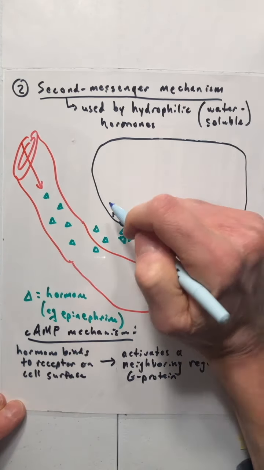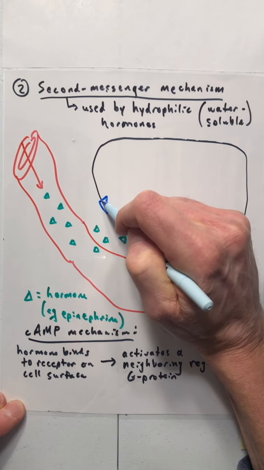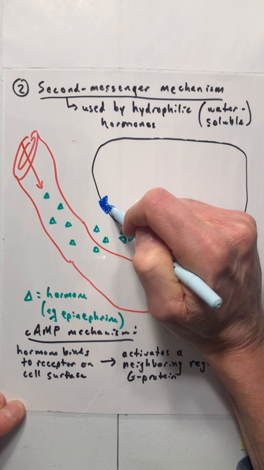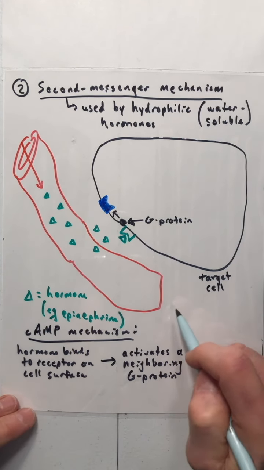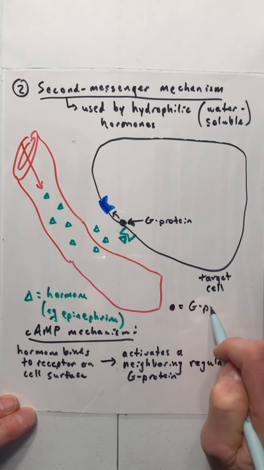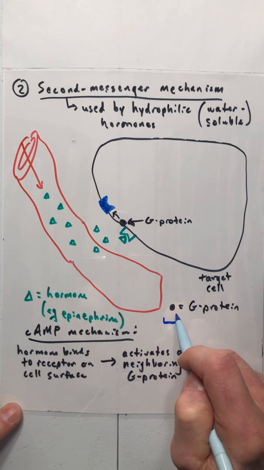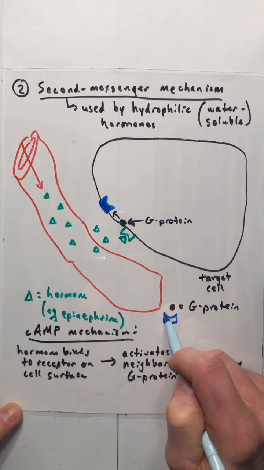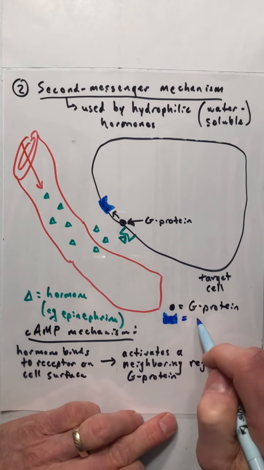And the enzyme that I'm talking about is adenylyl cyclase, and I'm going to draw it like this in blue. So my little symbols here: the little black dot is the G protein, and my little blue arc-shaped structure here is a membrane-bound enzyme called adenylyl or adenylate cyclase.